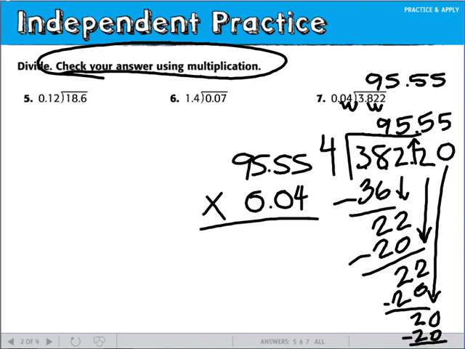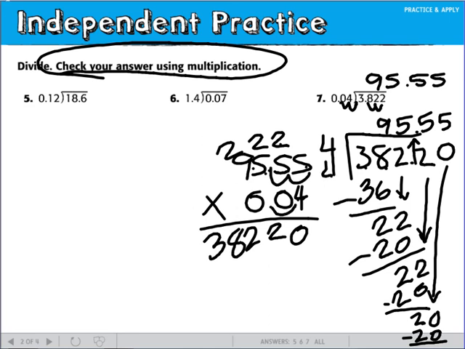Decimals do not matter. 4 times 5 is 20. 4 times 5 is 20 plus 2 is 22. 4 times 9 is 36 plus 2 is 38. Count my decimal places. I have 2 here. I have 2 here. 2 plus 2 is 4.